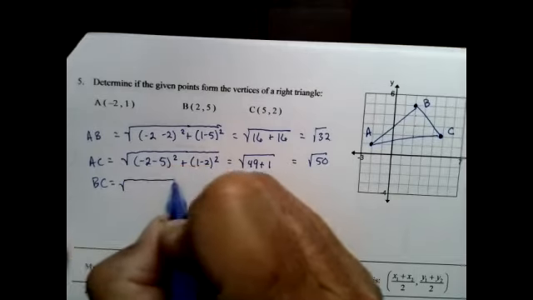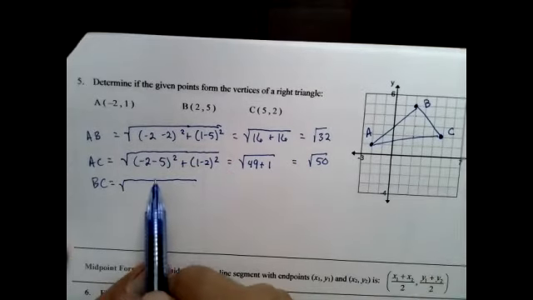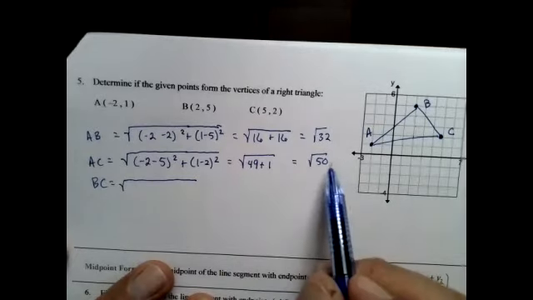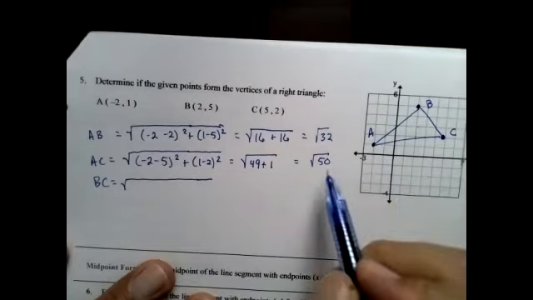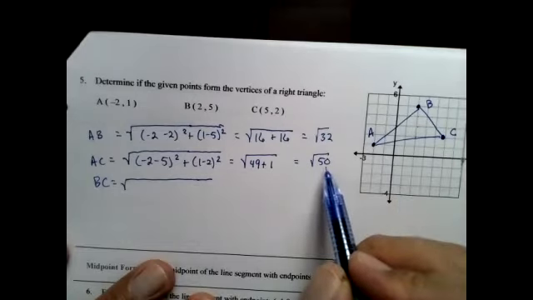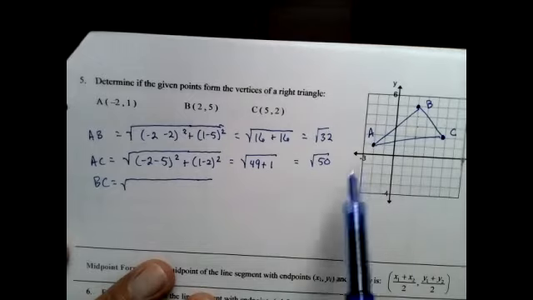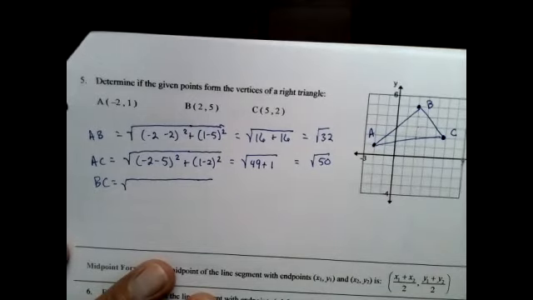Anybody? 5 root 10. I don't know if that's wrong. I'm going to leave it like this. Okay. Yeah, but I know what you're saying. That would be actually 25 times 2. So 5 root 2 then. Yeah, 5 root 2. I'm going to leave it like that for now.